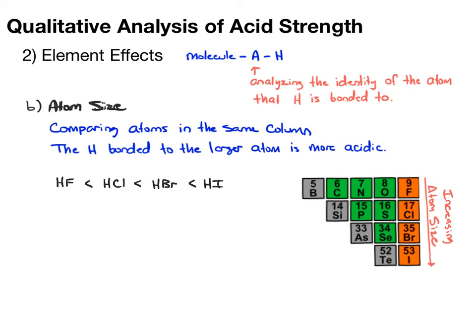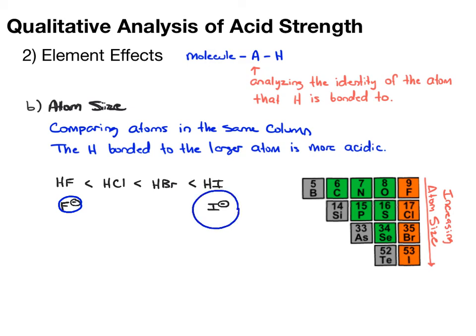Why is that? Once again, let's compare the conjugate bases. The conjugate base of HF is F minus. The conjugate base of HI is I minus. In terms of atom size, fluorine or fluoride is very small and compact. Iodide, however, is much larger.